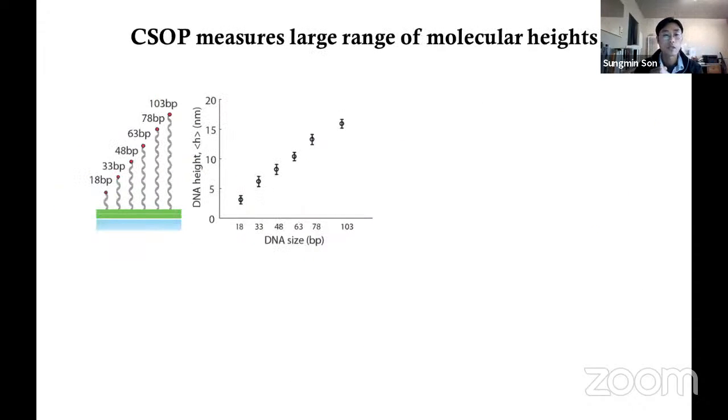Okay, so with this principle in our hands, we wanted to validate this technique by using a molecular standard. And the easiest size standard is a double helix DNA, right? So we have this series of double helix DNA where one end is labeled with the red fluorophore and the other is tagged with cholesterol. So I would create this lipid-coated bead where its membrane is doped with the green fluorophore, so it's marking the location of the membrane.